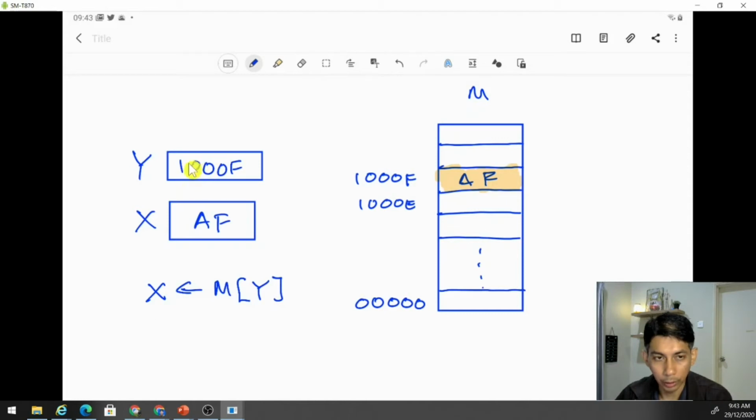So Y contains this, so we actually move the data from this location to X, right? Similar to the previous one, but now in the square bracket is the register, and the content of the register is the address of the data. All right.